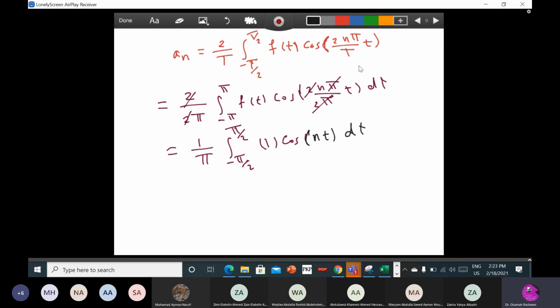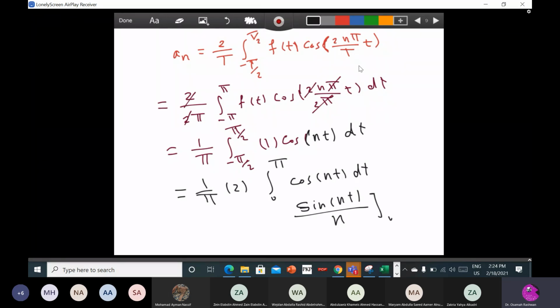Yes, because it is even, I can say this is exactly 2 multiplied by the integration from 0 to pi over 2 of cosine nt dt. Now it is easy to integrate cosine. It is sine nt, and don't forget to divide by the derivative of the angle, and you put your lower bound and upper bound.